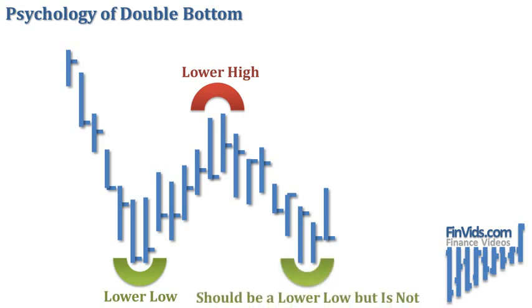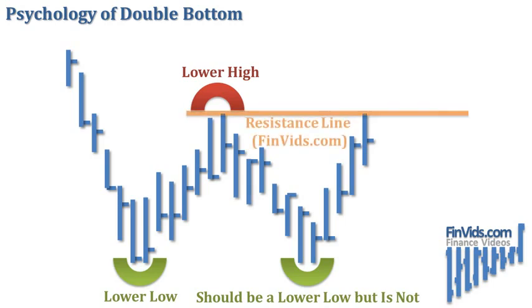Now here we have a low that should be lower than the prior low in order to persist the downtrend. However, the price is at the same price level as the previous low. This suggests that the downtrend is in trouble.